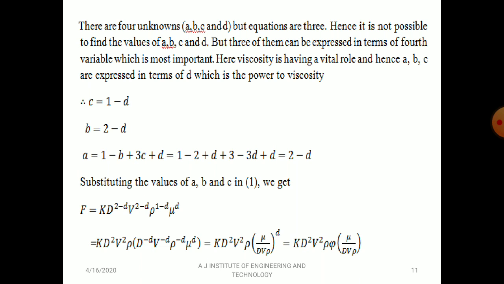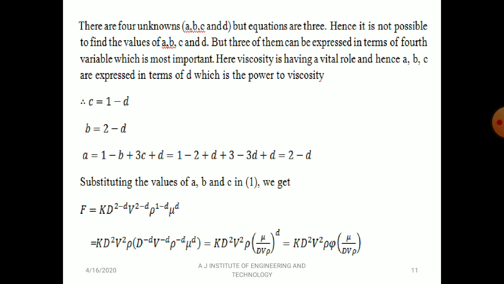So that is equal to K into D square V square into rho into mu divided by dV rho to the power D, taking the power terms together. Mu has a positive power, mu to the power D, so it stays in the numerator, whereas D to the power minus D, V to the power minus D, rho to the power minus D have negative powers, so they go to the denominator and become positive.